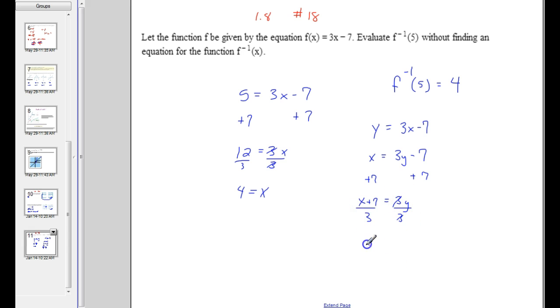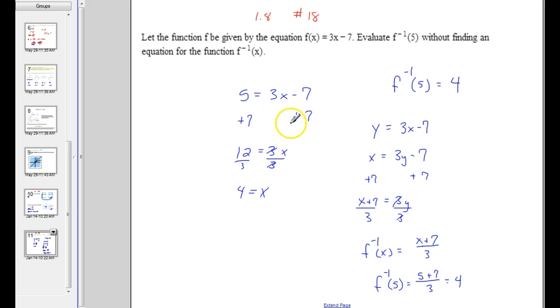Alright, and we get f inverse is equal to x plus 7 divided by 3. Alright, and then to evaluate that at 5 just means now it does mean plug 5 in. So f inverse of 5 would be 5 plus 7, which is 12, divided by 3 is 4.